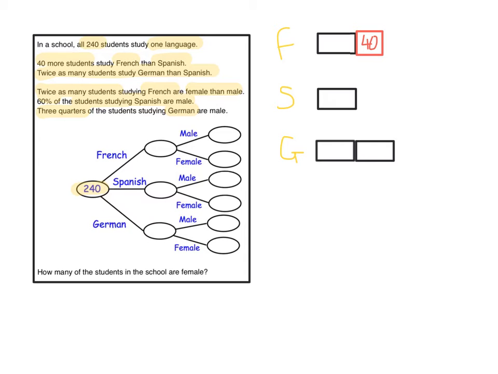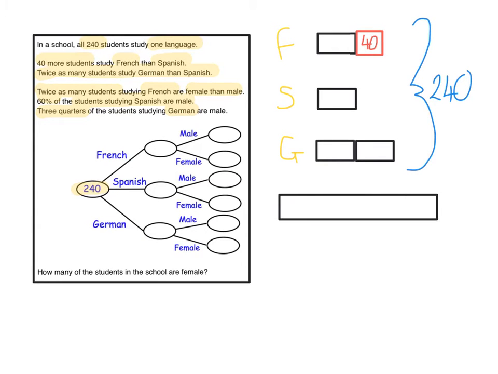So we know that all of this is going to come to 240, which means that the boxes on their own must be 200. So if I put this all in a pile, I've got 4 of the boxes plus the red 40 on the end.